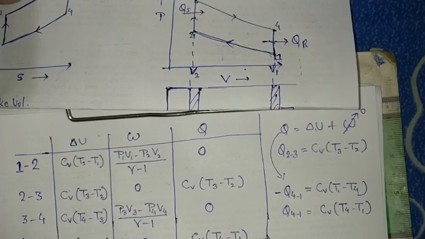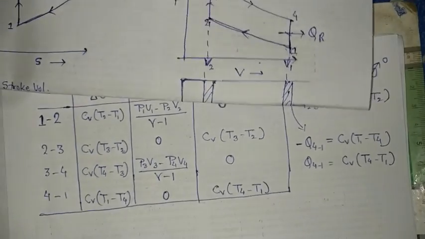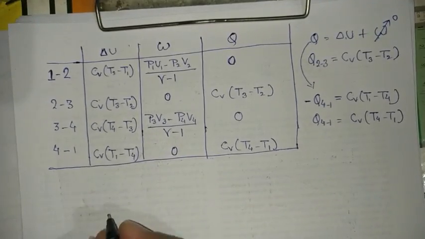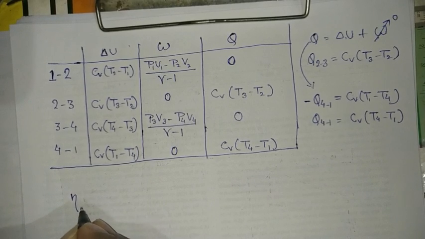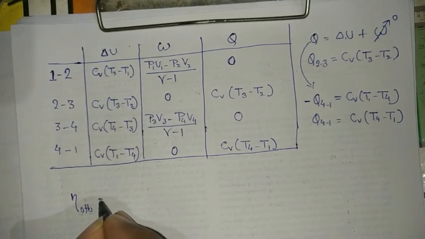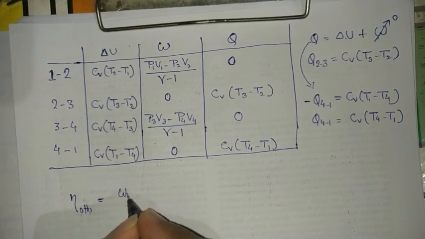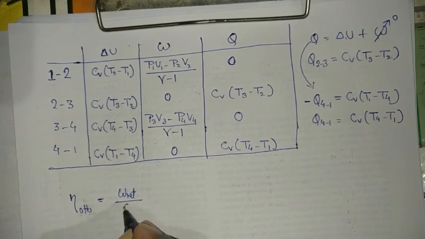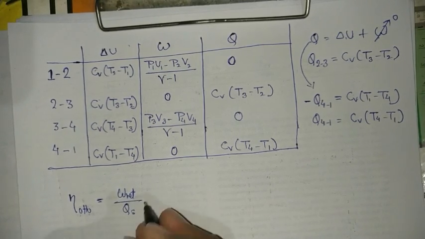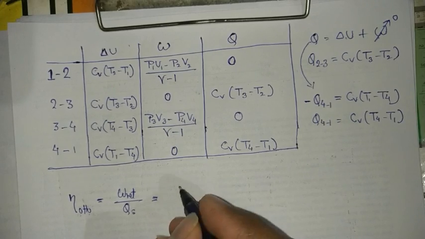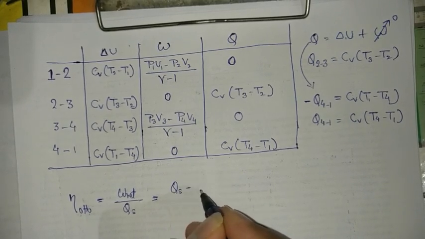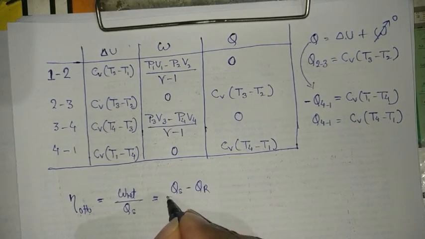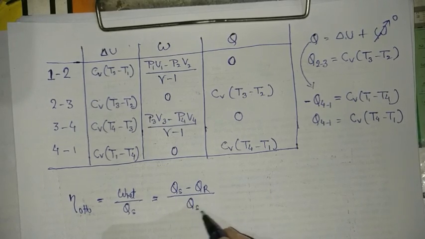Now we have completed all the processes. Now the efficiency of the cycle will again be W net over heat supplied. We know that W net is equal to heat supplied minus heat rejected, divided by heat supplied.